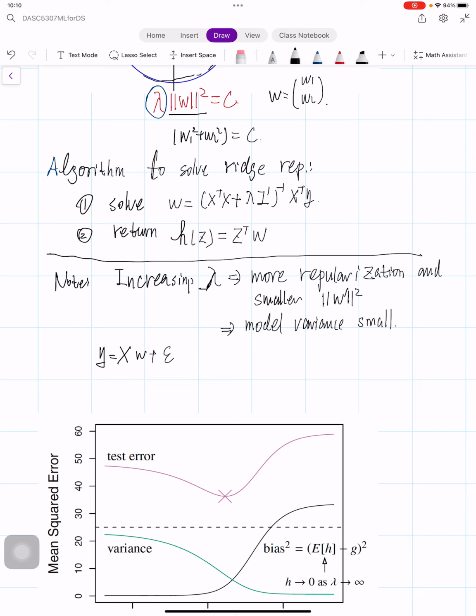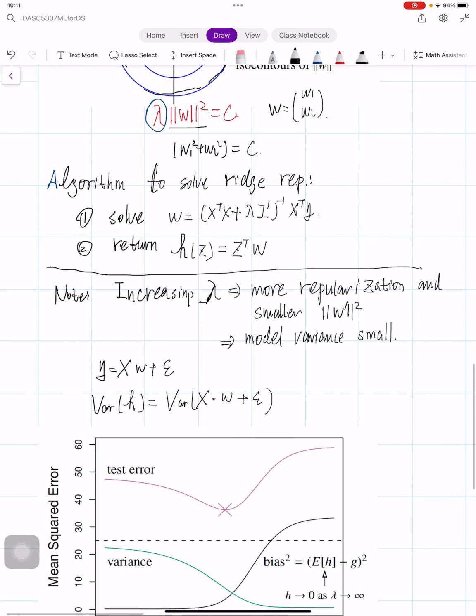So the variance of our model h equals the variance of the design matrix times w plus epsilon, where epsilon is the error term. That's the constant part. So this equals sigma squared, the variance of epsilon, plus the variance of the first term.